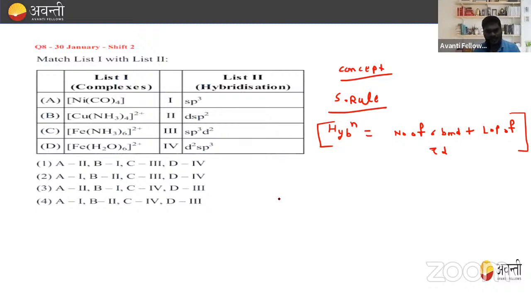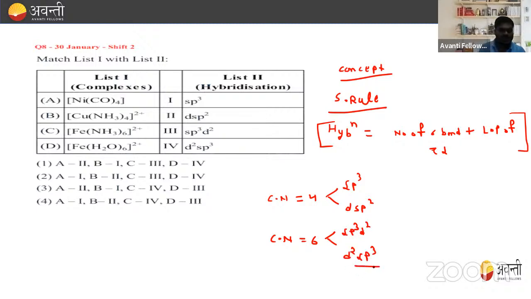Just remember one thing. If the coordination number is 4, it will be either sp3 or dsp2. If the coordination number is 6, it will be either sp3d2 or d2sp3. Now, in this case, CO and NH3.